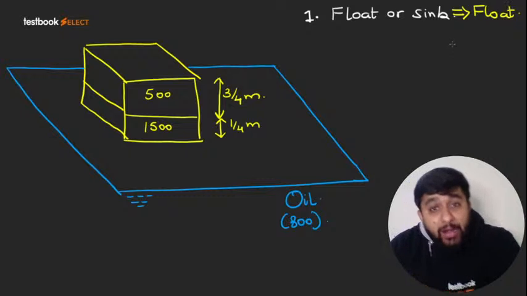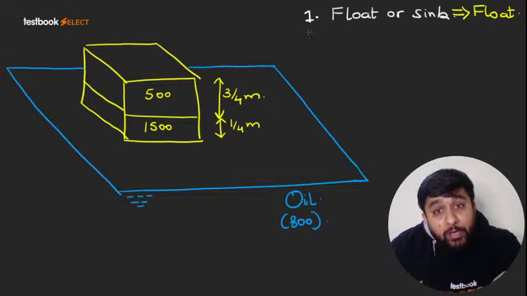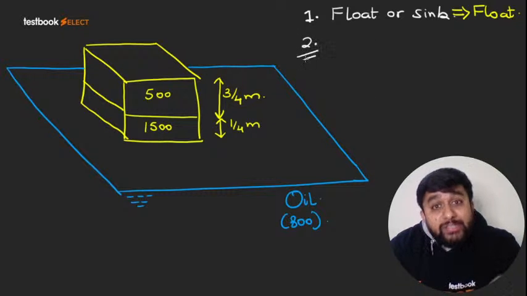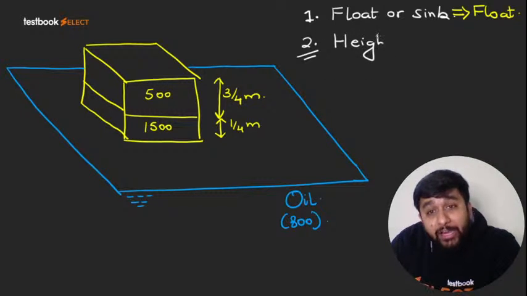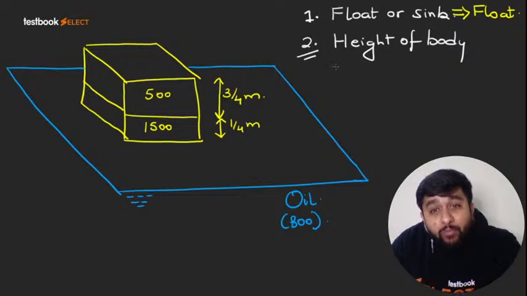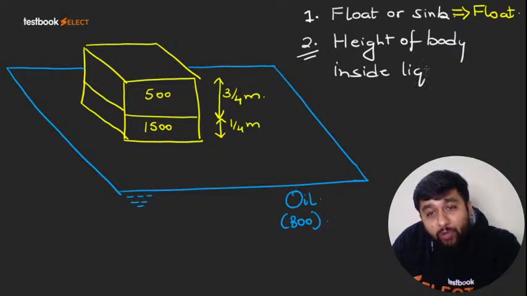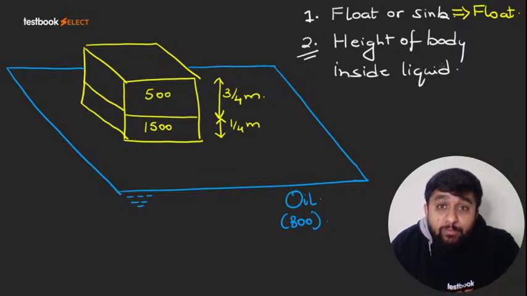Now the next part of the same question is, how much is the height of the body inside the liquid? Height of body inside the liquid. Okay. So I think what you will say, sir, body is in flotation condition, so obviously the body is in equilibrium.